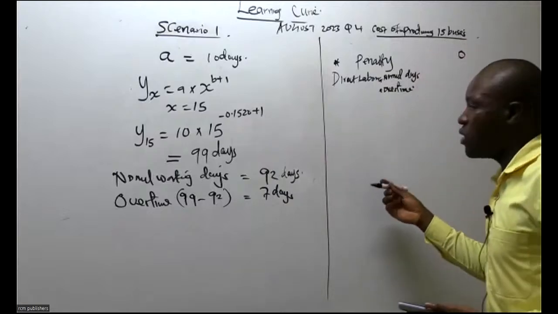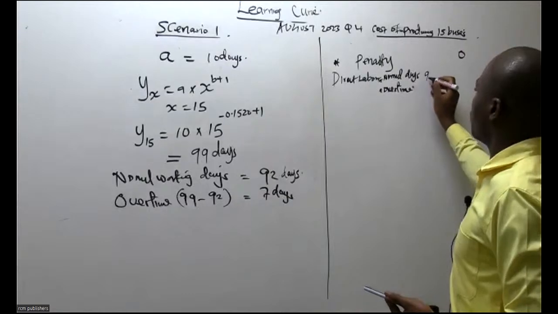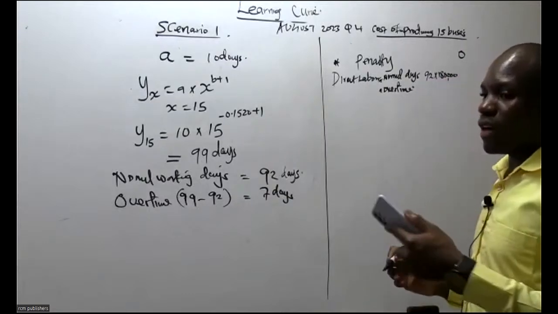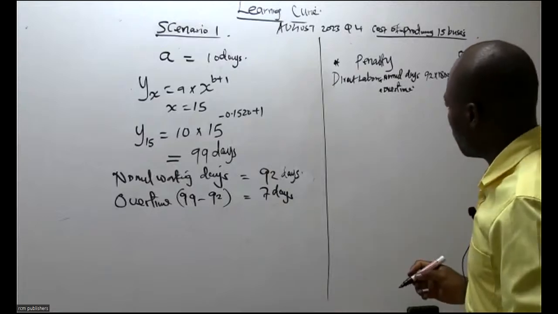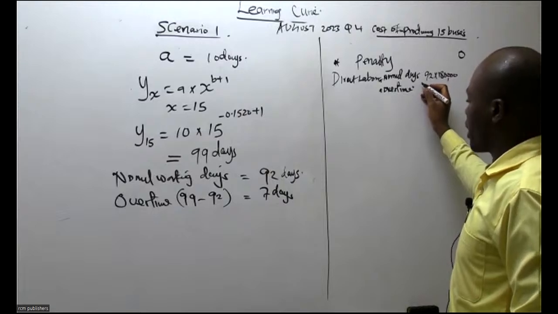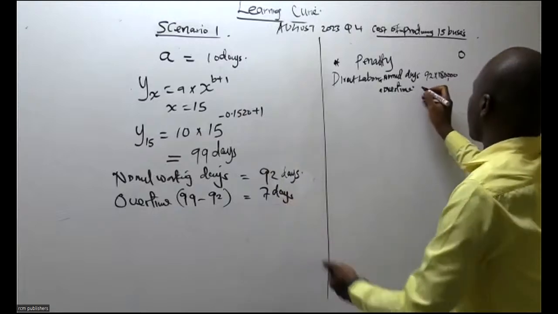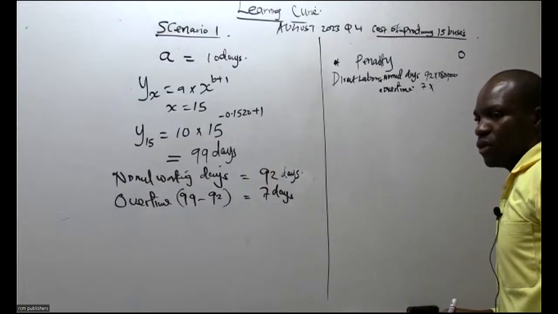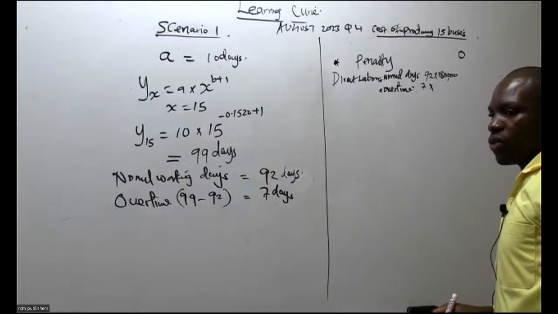And what is the normal rate? It is going to be 92 by 180,000. The overtime worked by these employees will be paid at double the normal rate, and the overtime days is 7. So what will be the overtime rate?